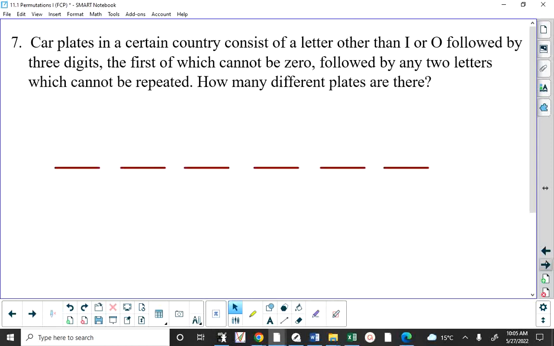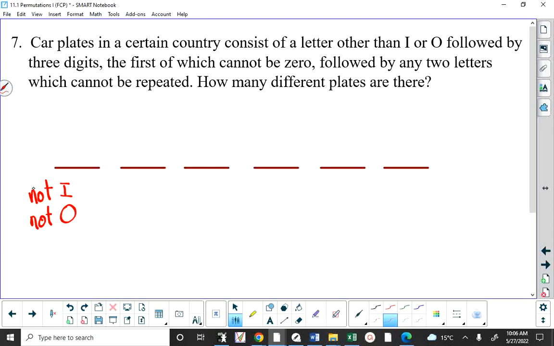Car plates in a certain country, so these questions are getting progressively more complicated because there's more information you need to pull out of the words. License plates in a certain country consist of a letter other than an I or an O. So this is not I, not O. But it's a letter. Followed by 3 digits.